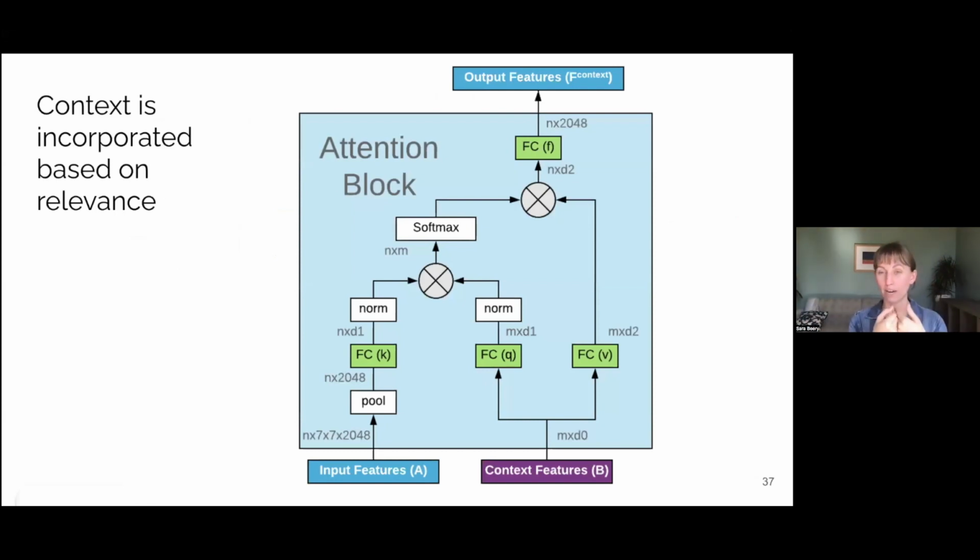And then based on that comparison, ranked by simple cosine similarity, we take a softmax and use that as a weight that we then use to aggregate those context features after they've been projected into a new space. So now you have essentially this weighted sum over the potential context features that you're seeing over a month of data. And then you incorporate that into the output features. And then at that point, you make your prediction about category. So instead of just these single image features, you have image features that have this context awareness.